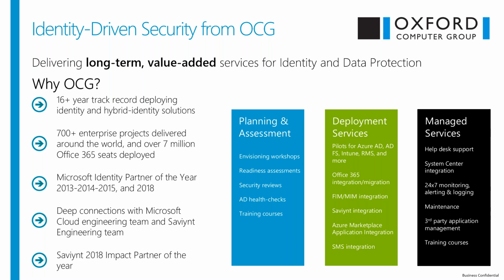We have deep connections within Microsoft, within their cloud engineering team, especially their identity team, and now we also have a strong connection to the Saviynt engineering team. In fact, in 2018, we were Saviynt's Impact Partner of the Year.